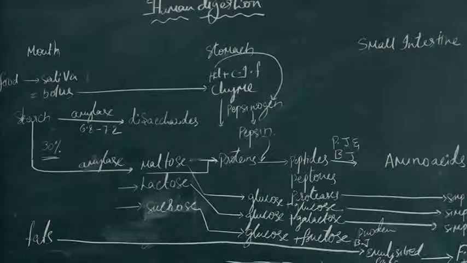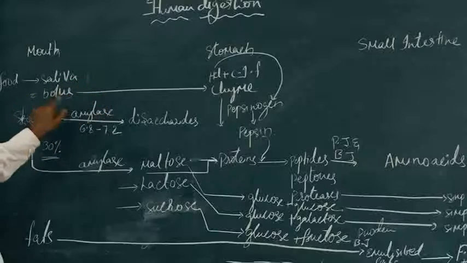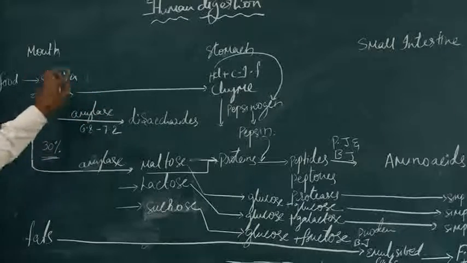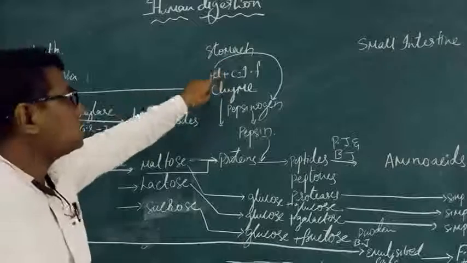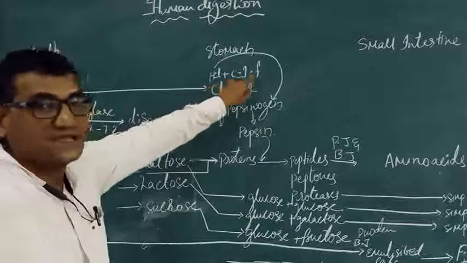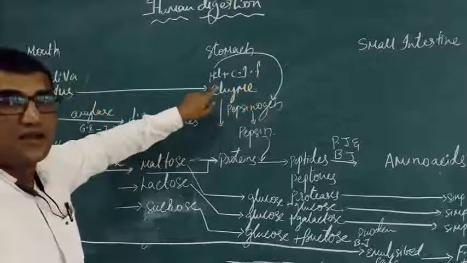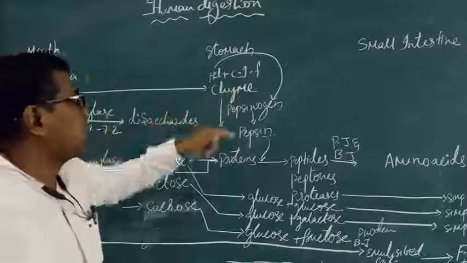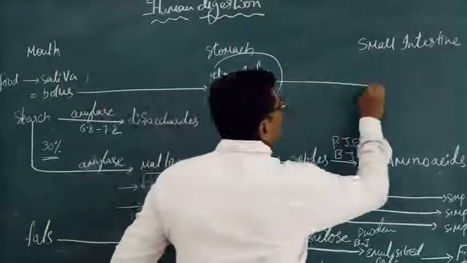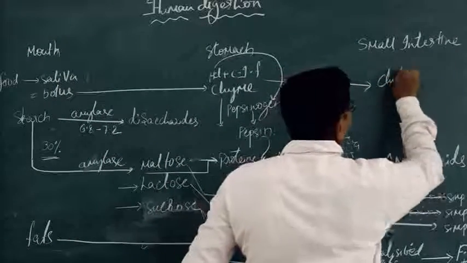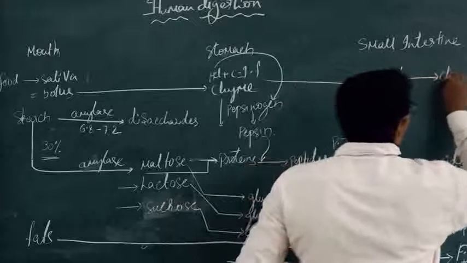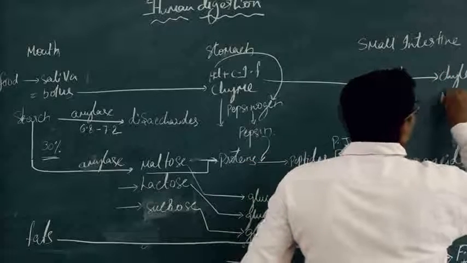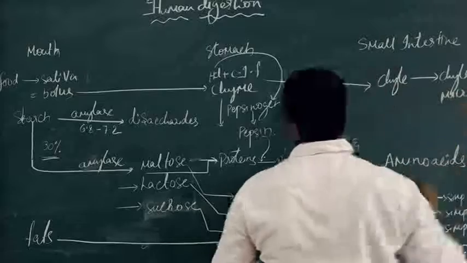Here, once again, food mixes with saliva and it is called bolus. It enters from the mouth to the stomach through the esophagus, and it is subjected to HCl plus Castle's intrinsic factor. Now the food is called chyme. When this chyme enters the small intestine, it is called chyme, and finally it is called chylomicron.